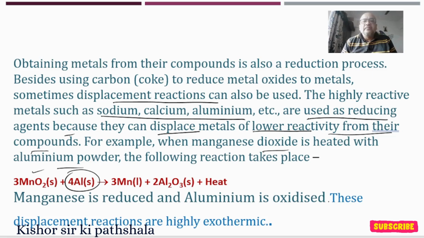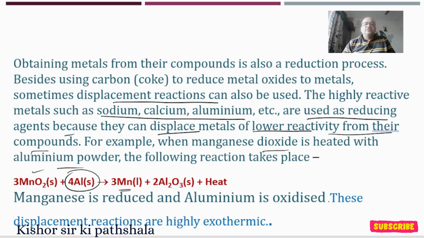And you'll get manganese and aluminum oxide, and a tremendous amount of heat is generated. So this displacement reaction is a highly exothermic reaction. That's the reason the manganese we get is in liquid form, right? So manganese is reduced and aluminium is oxidized.